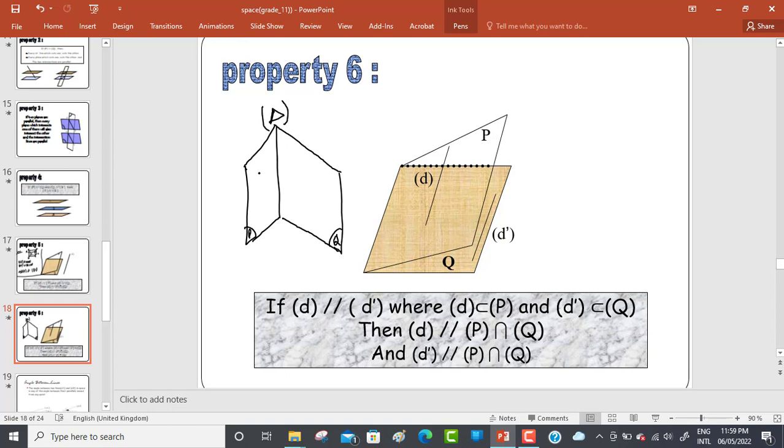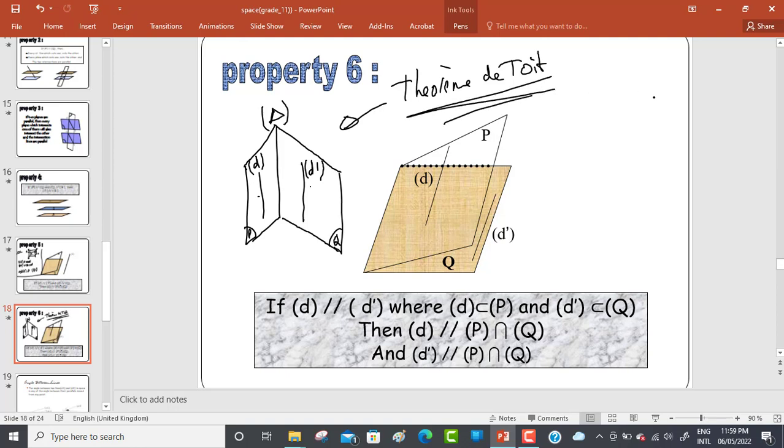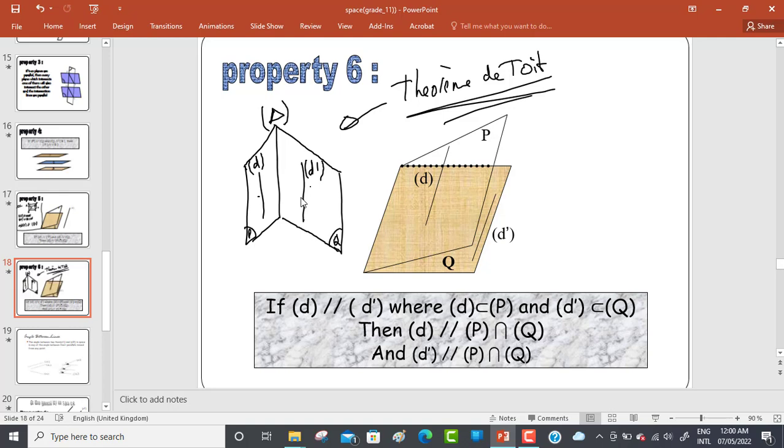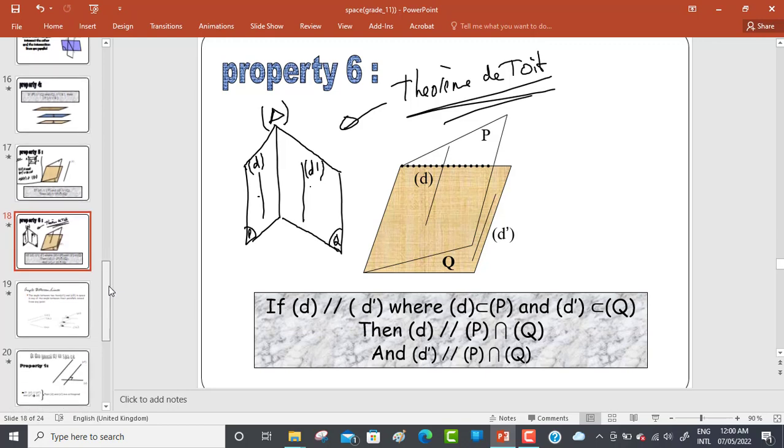If a line D of the first plane is parallel to a line D prime in the second plane, then D and D prime are both parallel to delta. In French they call it the roof theorem. I don't know what they call it in English. If line D and line D prime are parallel and they are in two intersecting planes, then they are both parallel to the line of intersection.